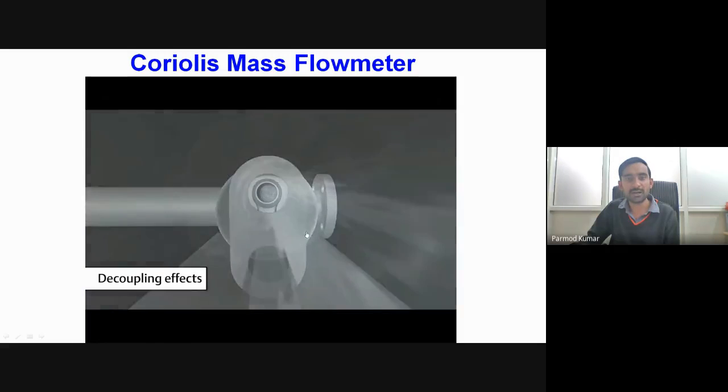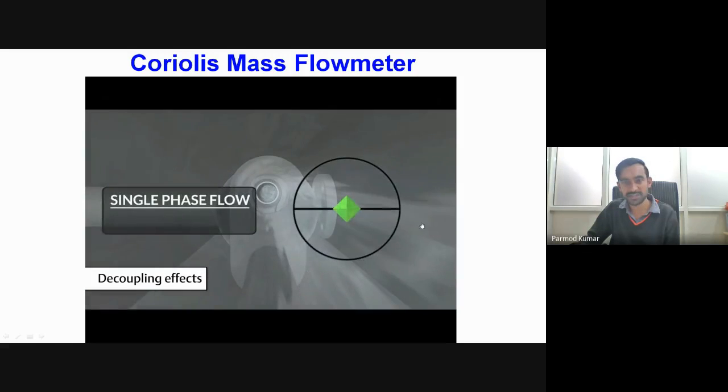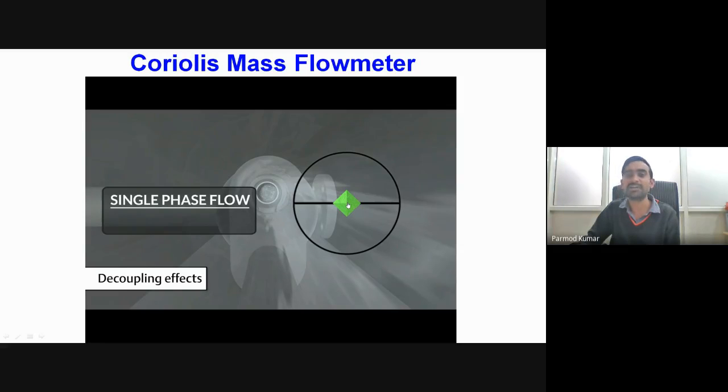If you see at any cross section, this black colored boundary is the periphery of the tube material, and along the diameter of this tube we have the geometric center of the tube material. This green colored pointer is the center of gravity of the liquid medium inside the tube.